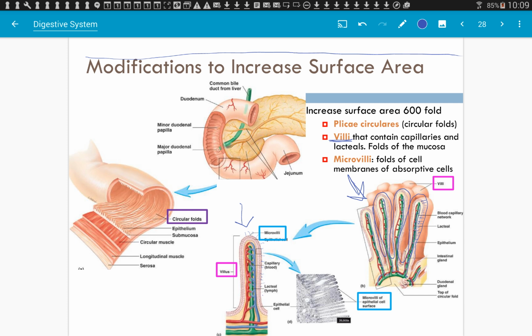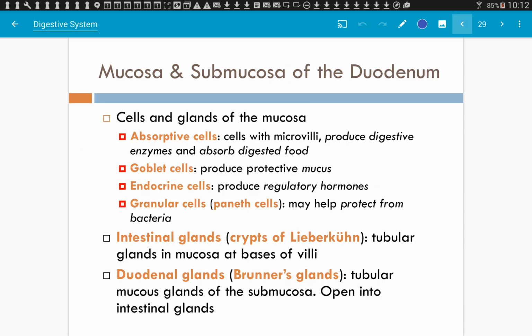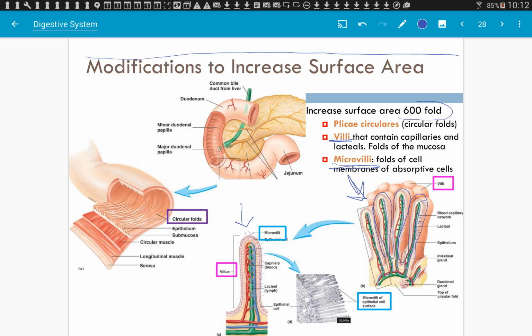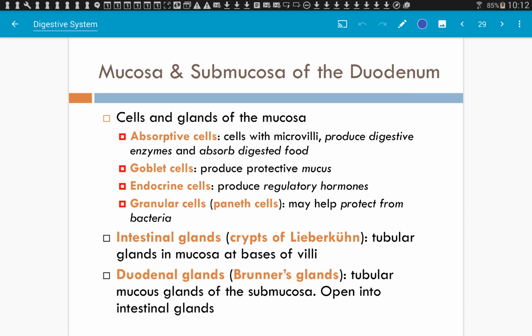So you've increased your surface area twice. A huge amount of surface area thanks to your villi and your microvilli. Gotta know those, okay? Oh, and look at this: the surface area increase is 600-fold. A lot.